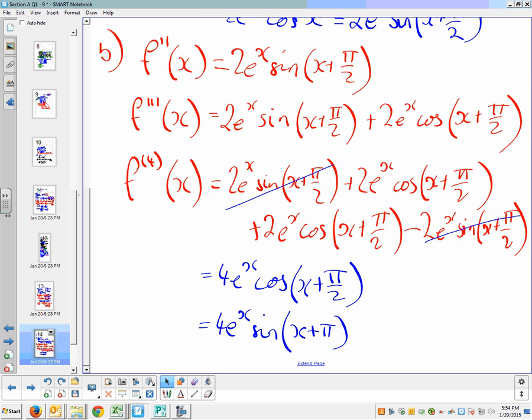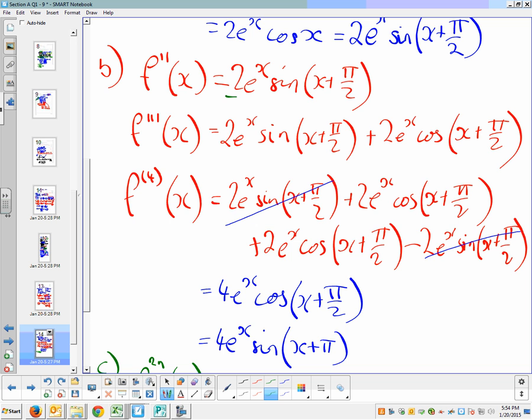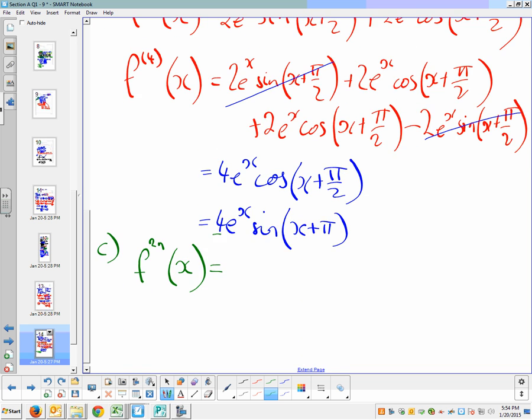That step is the key to answering part C. Because in part C, what you're expected to do is reach the conjecture that f differentiated 2n times of x is equal to, well, if you look at f2, you add 2 e to the x sine of x plus pi by 2, and then you add 4 e to the x sine of x plus pi. You're expected to conjecture that you're going to get 2 to the power of n. It wasn't added each time, it was multiplied.